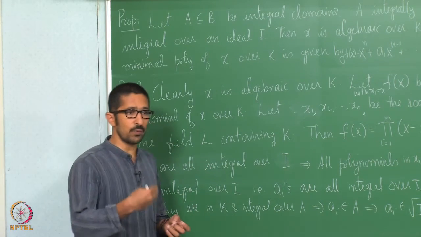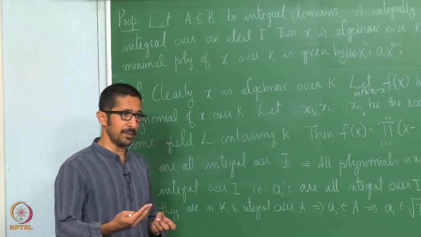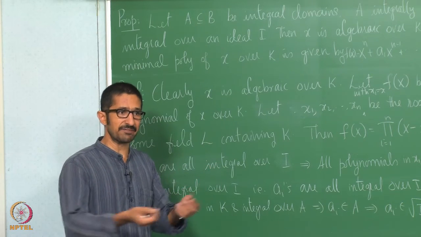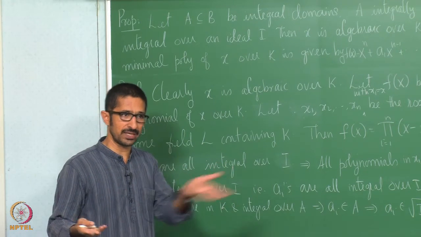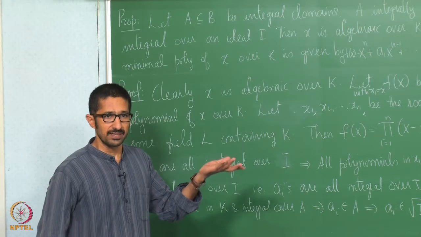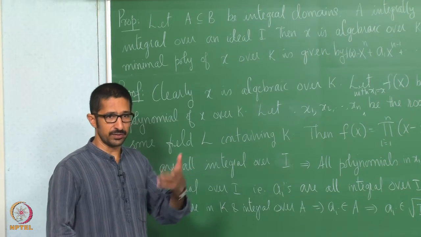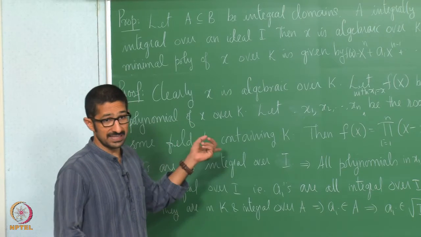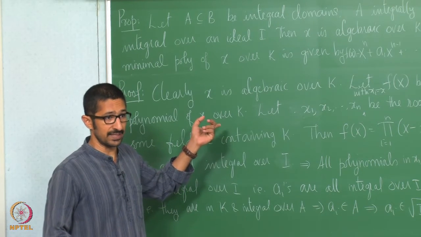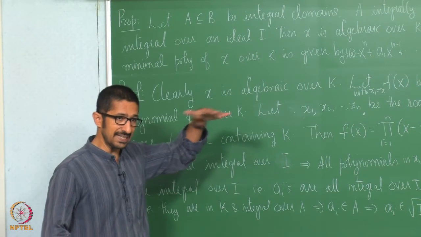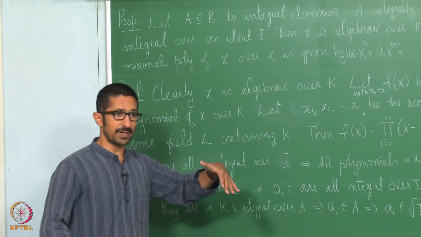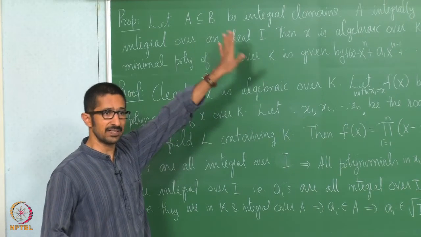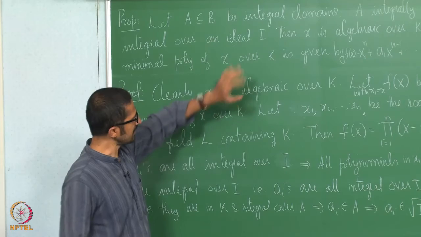When you are over fields, if it satisfies a polynomial, it will satisfy a monic polynomial, because you can divide by the leading coefficient and make the polynomial monic, but that is not the case when you are over rings. So, integral and algebraic have two different meanings over rings, but over fields they are all the same.